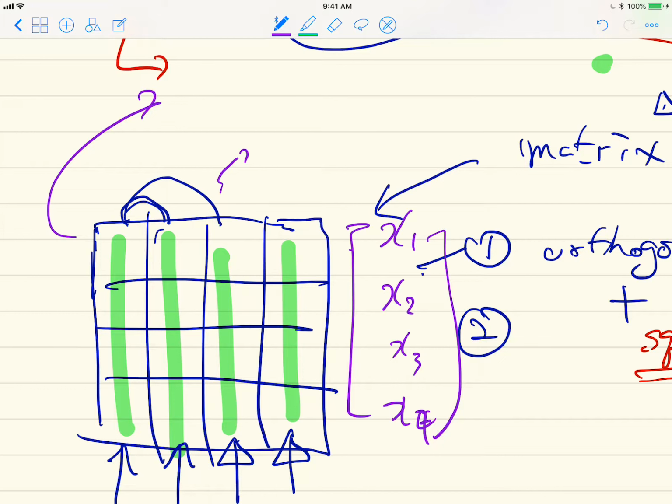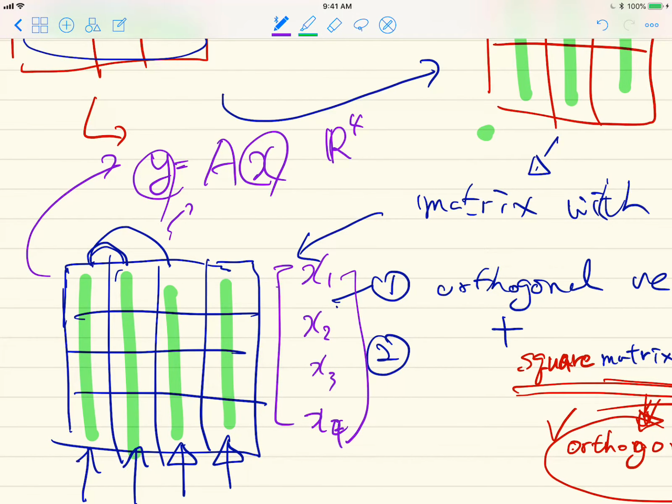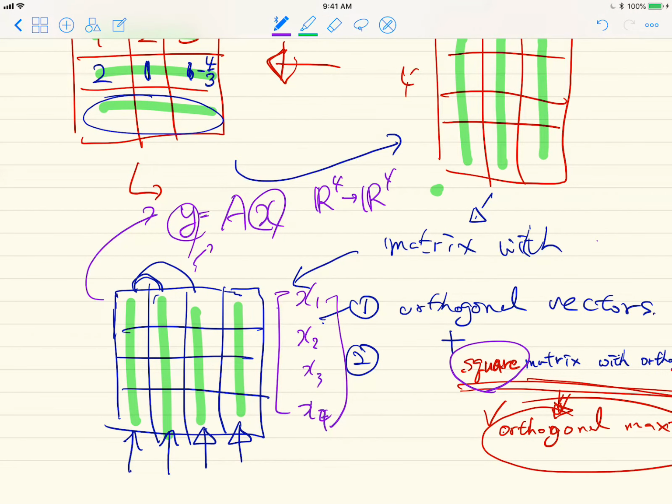So we think of this matrix transformation defined by A times X. What is the dimension of the vectors X and Y? They are both 4-dimensional vectors, so it's from 4-dimensional space into 4-dimensional space. So if we have a square matrix, the dimension of the domain and the codomain will be the same, right?